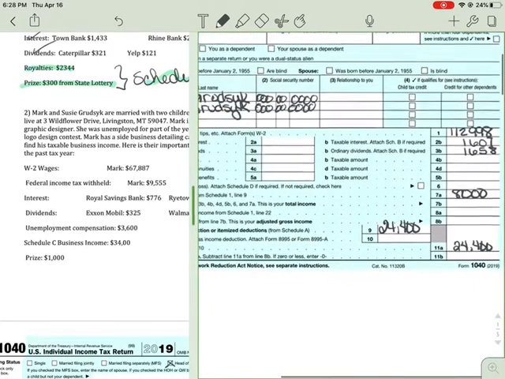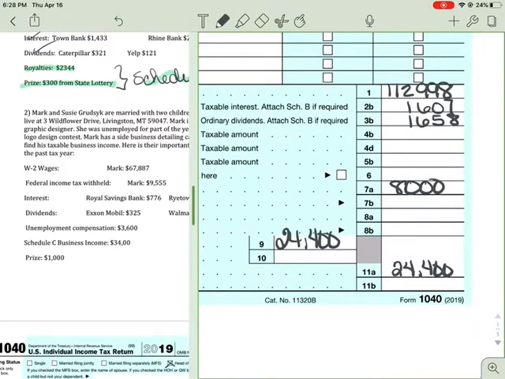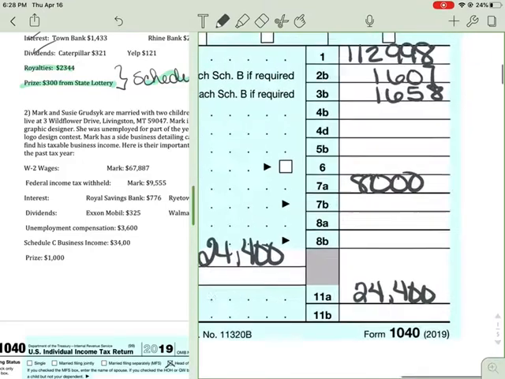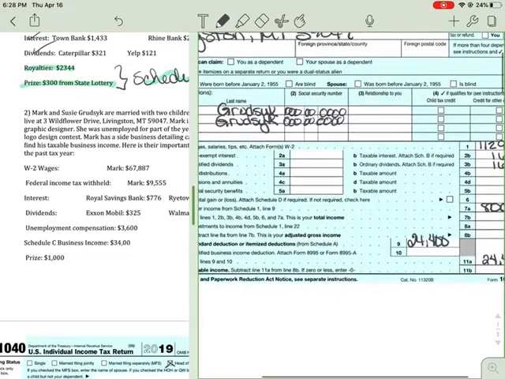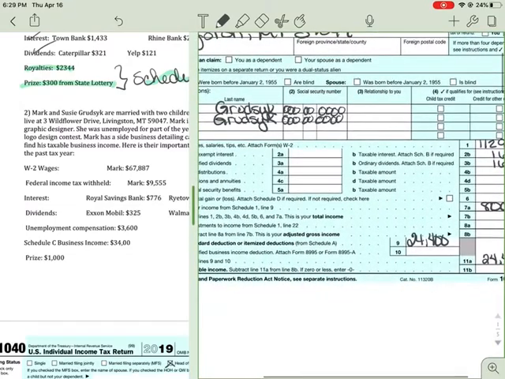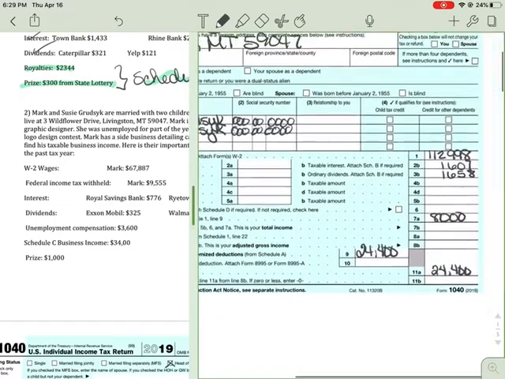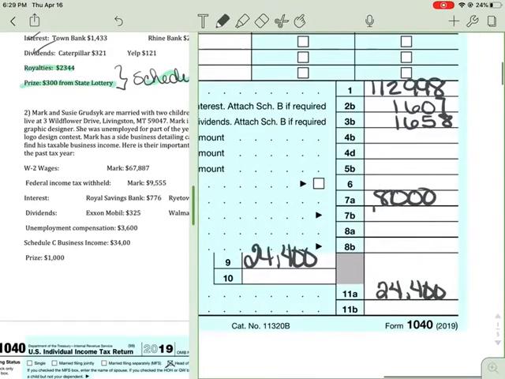Oops, was I supposed to add? Oh, I missed it. We're supposed to add that all together. So 112,998 plus 1,607 plus 1,658 plus the 8,000. That goes in total income, line 7B, I'm sorry. So 124,263.